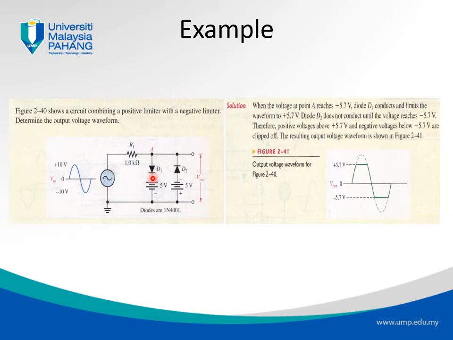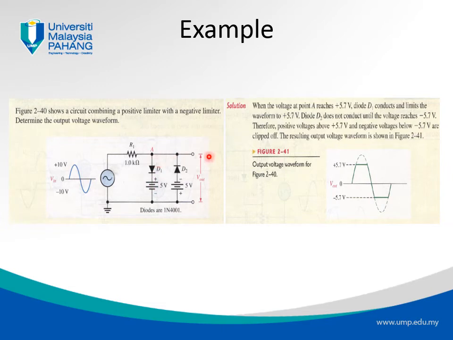But it's not just 0.7 that it has to go through. It also has the bias added to the diode at 5 volts. So it has to go through 0.7 plus 5 volts, so it needs 5.7 volts before it can cross the branch.